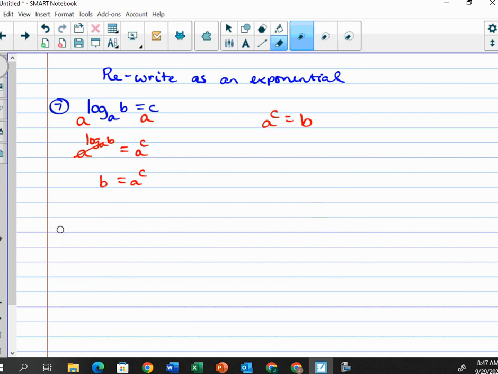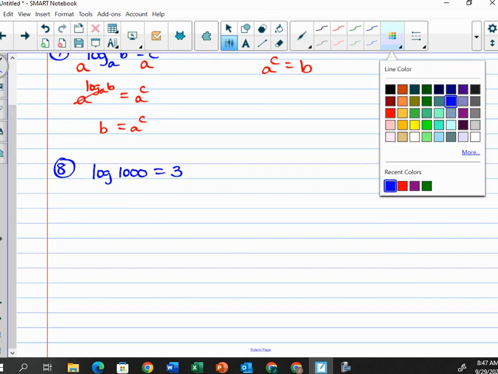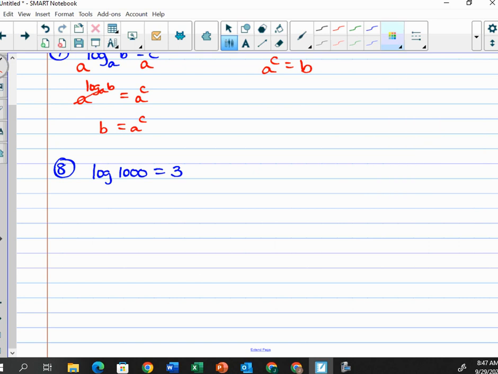Okay, so let's try another one. Log of 1,000 equals 3. We're rewriting that as an exponential. What's the base, guys? 10.